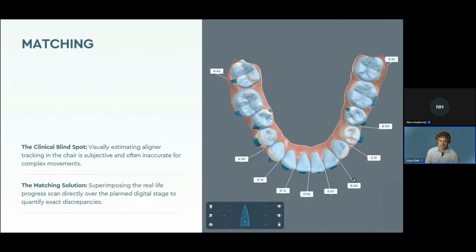This gives us a much more objective way to decide what to do next, whether we can keep going, need to hold the same aligner longer, use pliers, or whether it's time to intervene and update the plan.